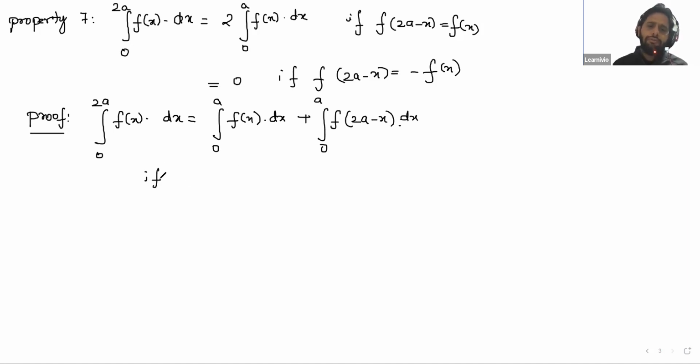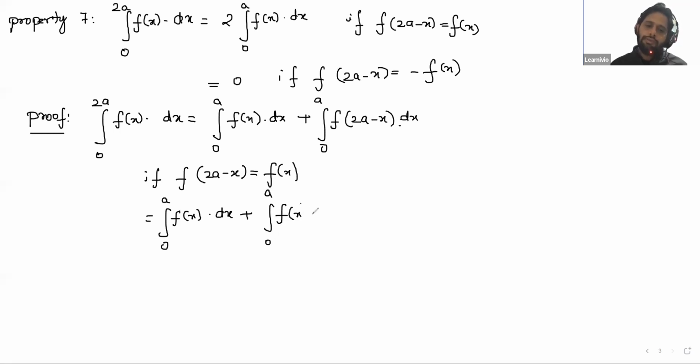Now, first is if f(2a minus x) is equal to f(x). अगर हमारे पास ये केस है then क्या होगा? This is integral 0 to a f(x) dx plus, now here we can put integral 0 to a f(x) dx. So this will become twice of integral 0 to a f(x) dx.